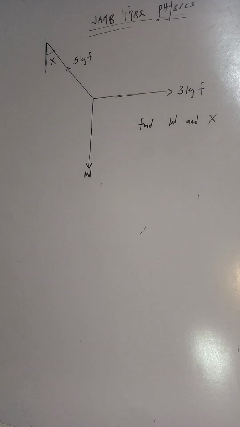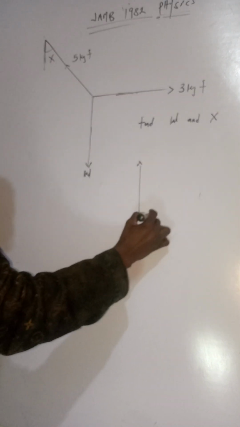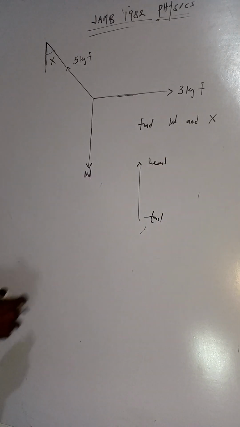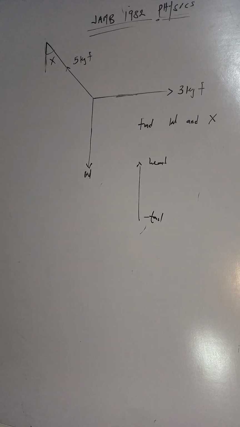Before I go into this or explain further, I have to discuss something called a vector, the head and the tail. This is the tail of a vector, this is the head of a vector. When we are resolving this, we want to resolve this into a triangle. We have to make sure that the head of one is touching the tail of the other, where they make a vertex.